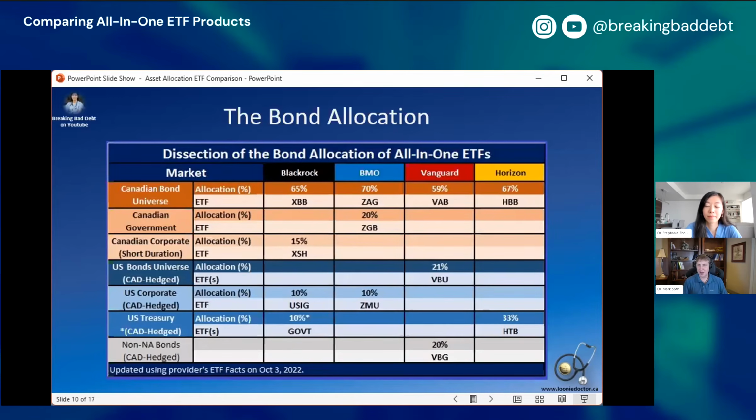Over to the bond allocation side, this is a much less complicated and probably a lot less exciting for people. That's okay. The reason why we hold bonds in our portfolio is to try to stabilize the volatility and to counterbalance all of that risk we're taking with our equity, right? So what we want to have in bonds is stable bonds.